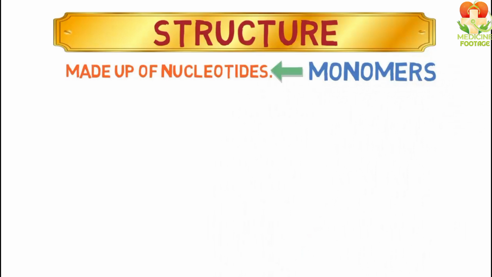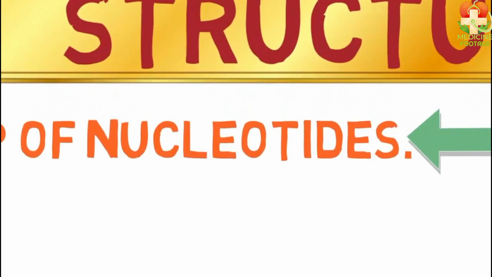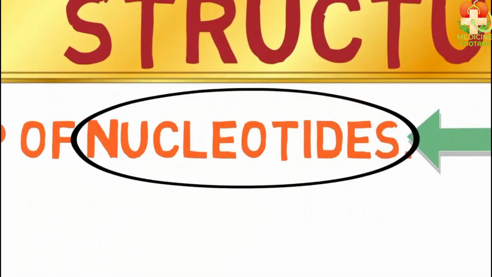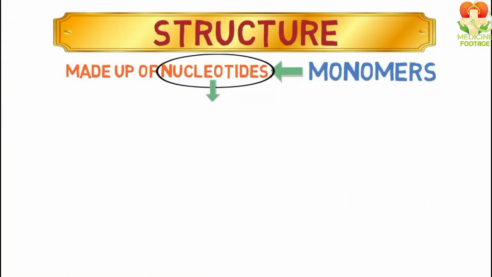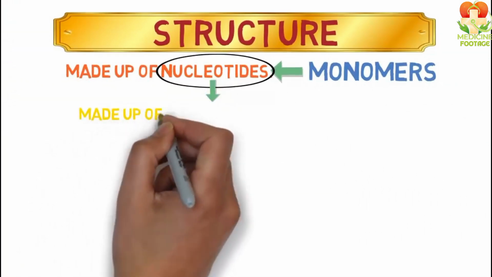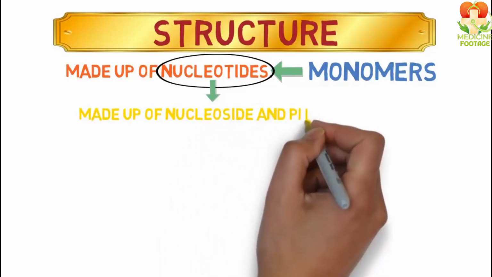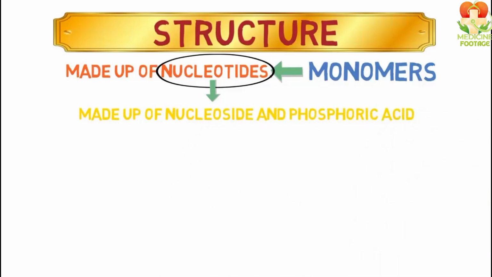For proteins, there are amino acids. Now we come to nucleotides. Nucleotides, which together form nucleic acids, are themselves made of nucleosides and phosphoric acid. This means phosphoric acid and nucleosides combine to form nucleotides, and nucleotides combine to form nucleic acids.